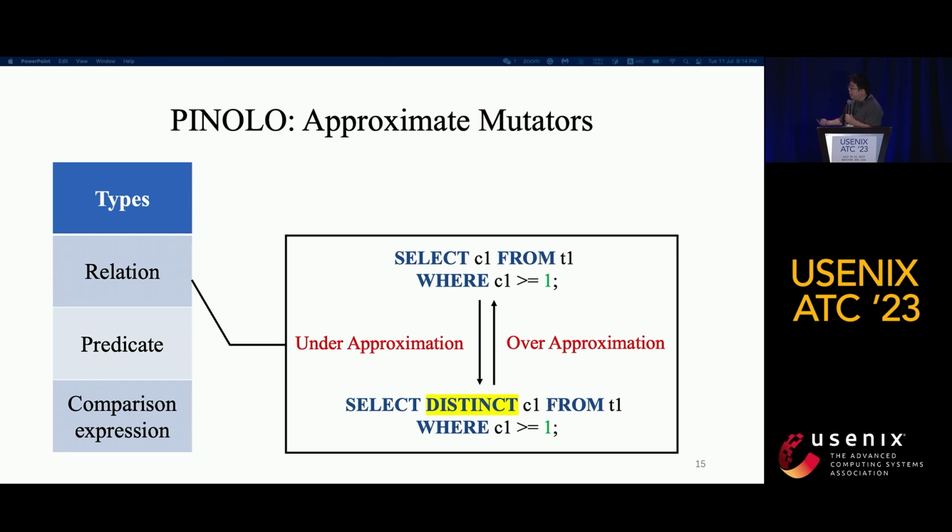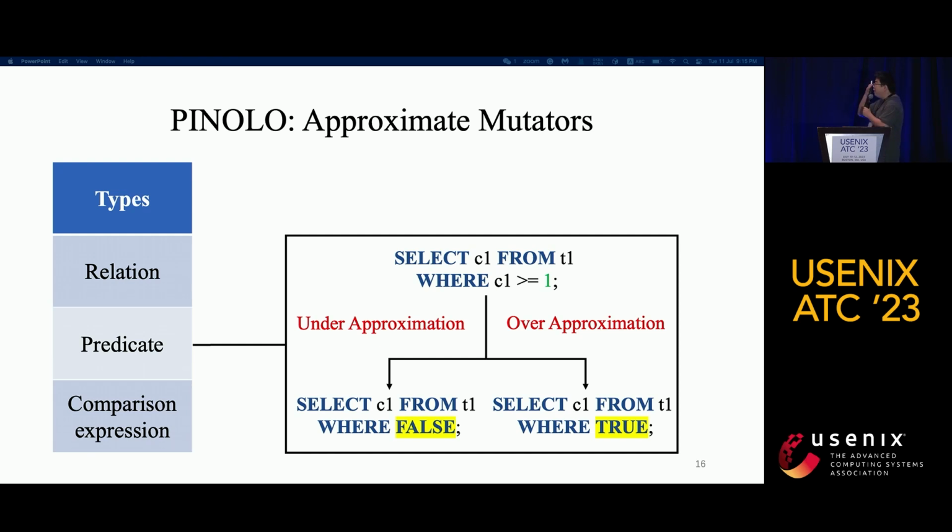And conversely, if we have a second query with the distinct keyword, we can just remove it to achieve the over-approximation. And similarly, we can use some other set operations, such as set union and set intersection, to achieve the over-approximation and under-approximation respectively.